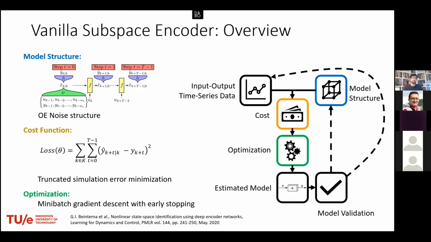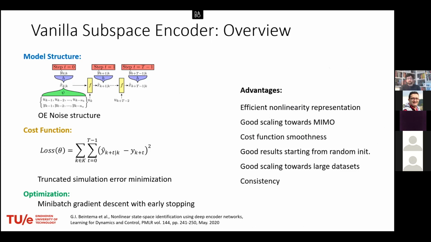And as an optimization method, we use mini-batch gradient descent with early stopping to have nice regularization effects as well, and again, nice memory and computational efficiency. And yeah, okay, these are the advantages that I mentioned.